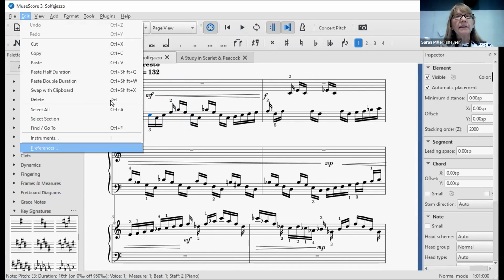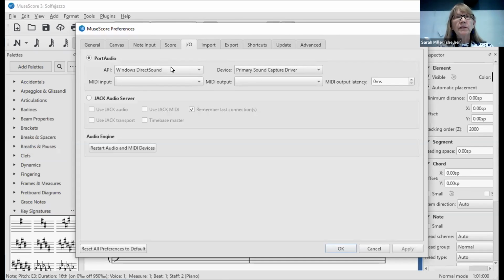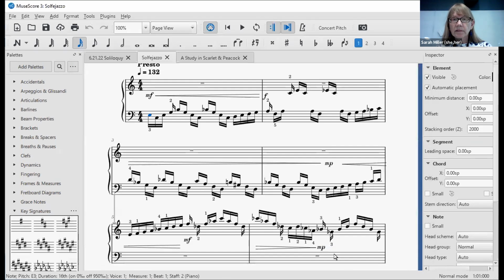Edit preferences, I/O. It was MME, right? Let's try WDM. You could also export the MuseScore file as an audio file, as an MP3, and then play that while we follow along in the score.